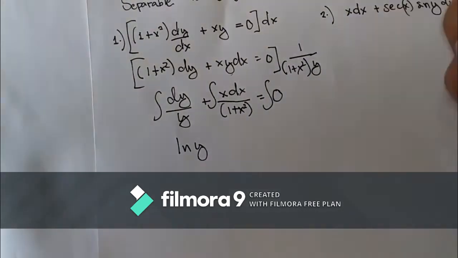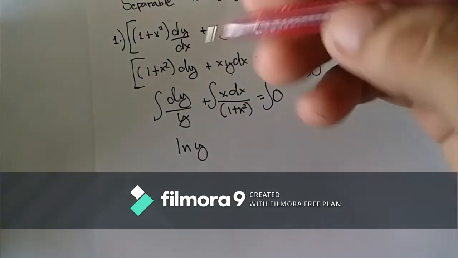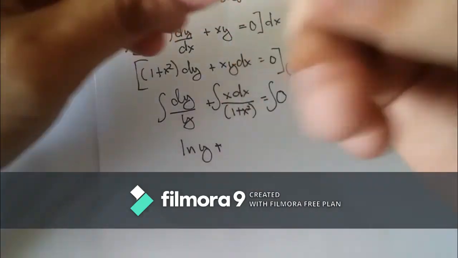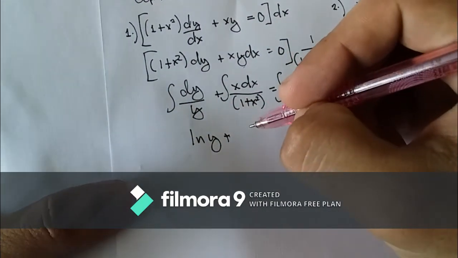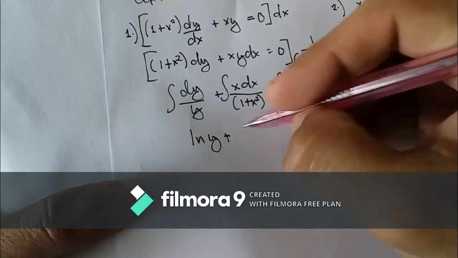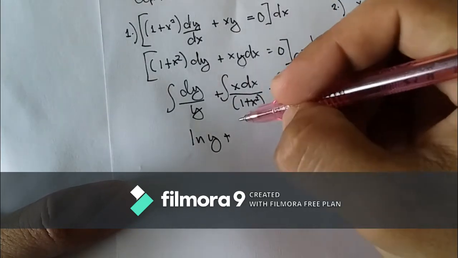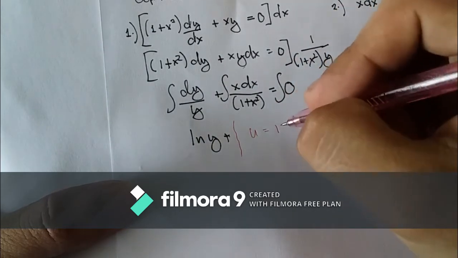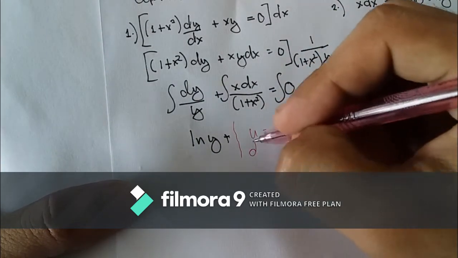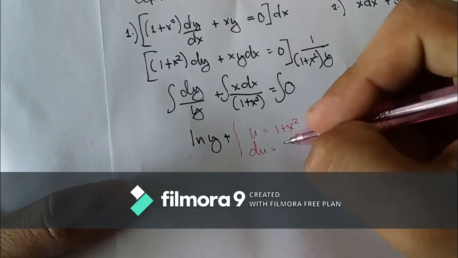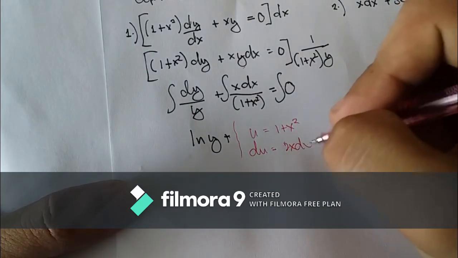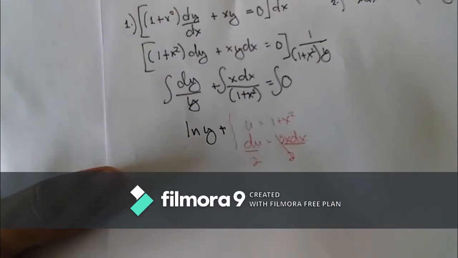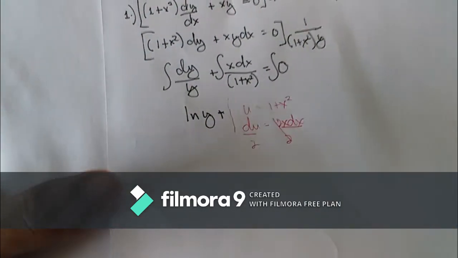For this one, we will let u be 1 plus x squared. So du would be 2x dx. Then divide both sides by 2. What is left is x dx equal to du over 2.